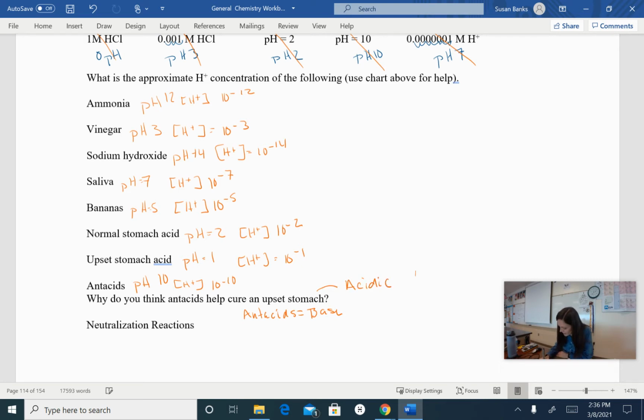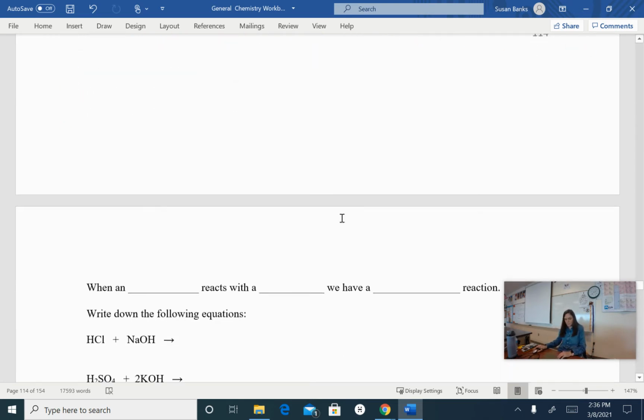When we put an acid plus a base, we neutralize them. And we make a neutral solution. Okay, so we're going to talk a little bit about neutralization reactions. So let's go on to that next page.